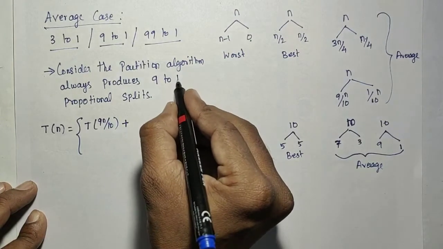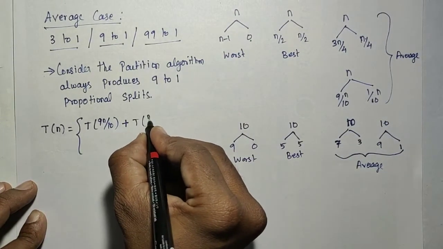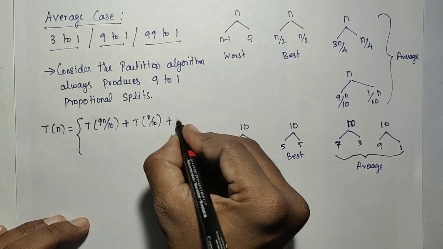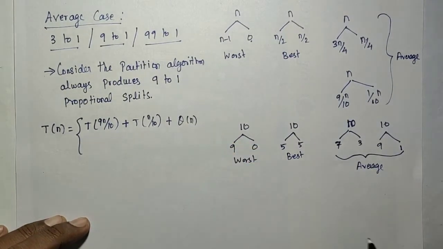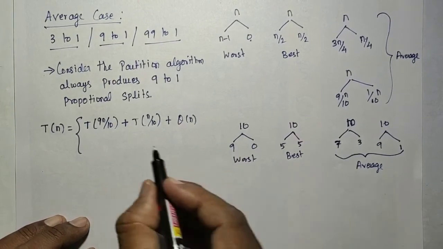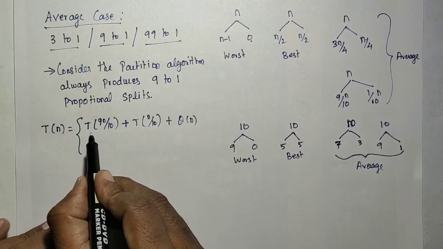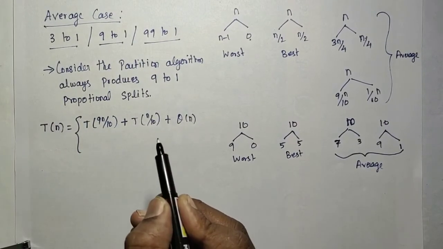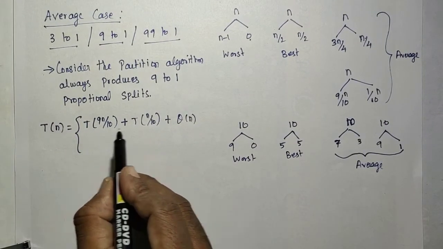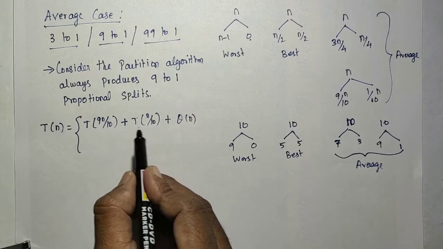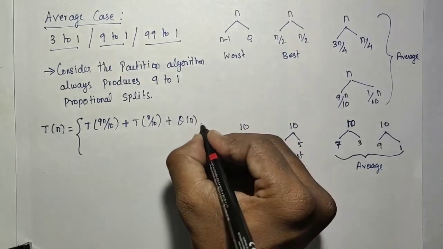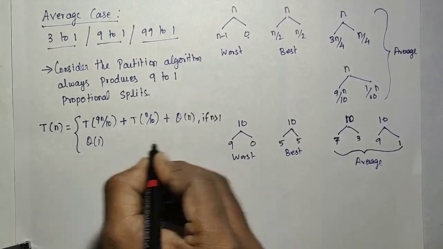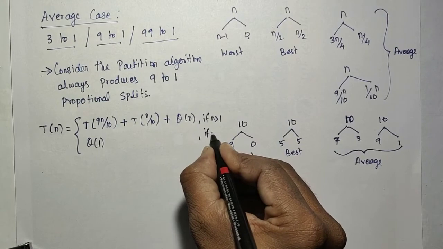The second subproblem is 1 by 10, so T of n by 10 is the second subproblem complexity, plus theta of n for the complexity of the partition algorithm. Previously it was divided into n by 2, n by 2, so 2 into T of n by 2, like that we assumed. Now the two subproblem sizes are assumed like this, and the complexity is theta of n if n is greater than 1, and theta of 1 if n equals 1.